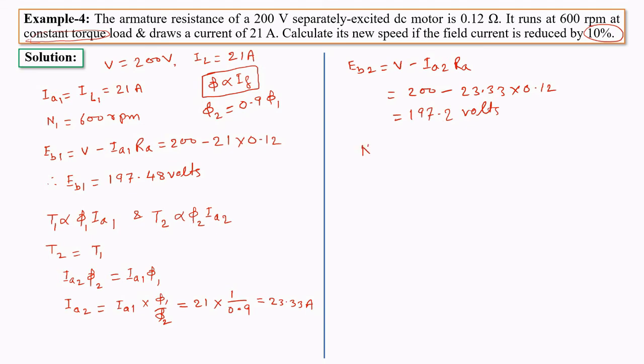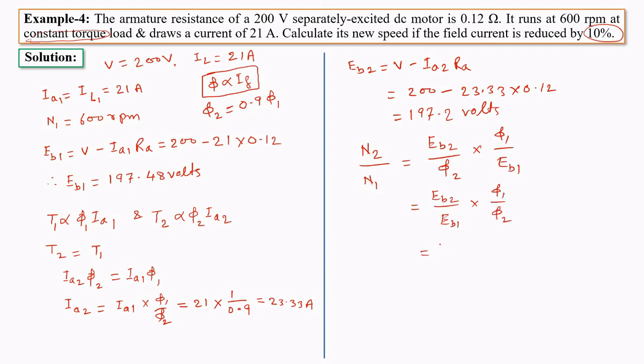So the speed for the second condition upon speed for the first condition will be EB2 by phi 2 into phi 1 by EB1, or we can write EB2 by EB1 into phi 1 by phi 2.